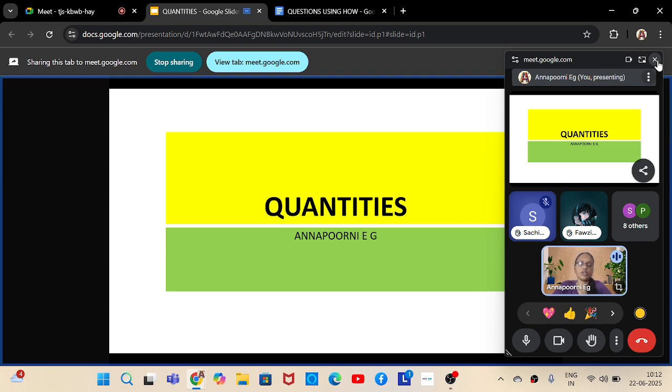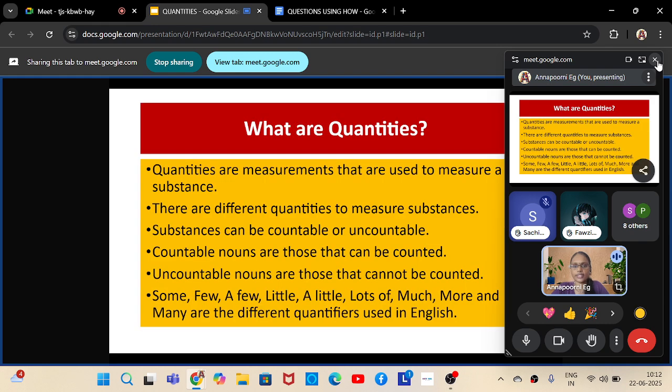Based on that, we have classified the substances around us into two types, countable nouns and uncountable nouns. For countable nouns, we will use some specific quantities. For uncountable nouns also, we will use some other specific quantities. At the same time, there are also a few quantities that can be used with both countable as well as uncountable nouns.